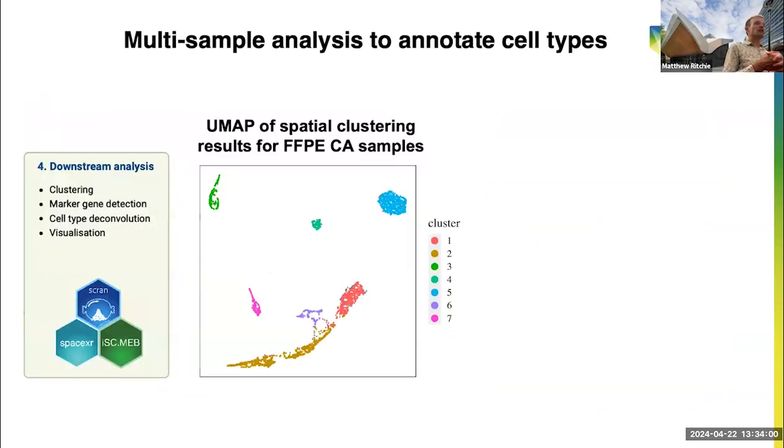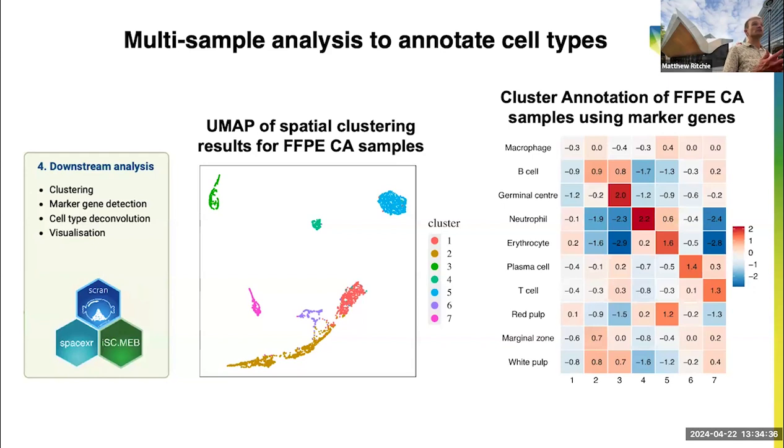The next part of this analysis is to do some clustering and then try to annotate those clusters. So we can see a UMAP of our data, and we've used iSC.MEB to cluster the data. We've got 7 major clusters here, and we're doing this for the CytAssist samples. For this analysis, we're focusing on a particular subset of samples that gave relatively high quality data, and doing a complete analysis of these data. So we do some clustering.